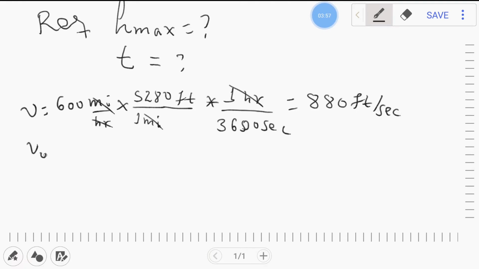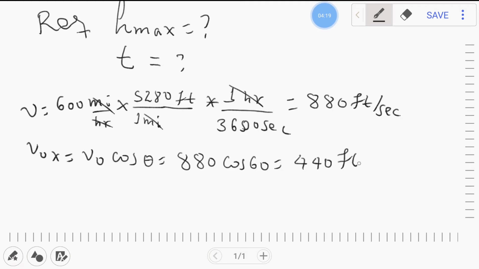Now the initial velocity in the x direction will be v naught times cos theta. Here you are familiar with this one, so v naught is 880 times cos 60 degrees. Cos 60 degrees is 0.5, so if you multiply, you will get 440 feet per second.